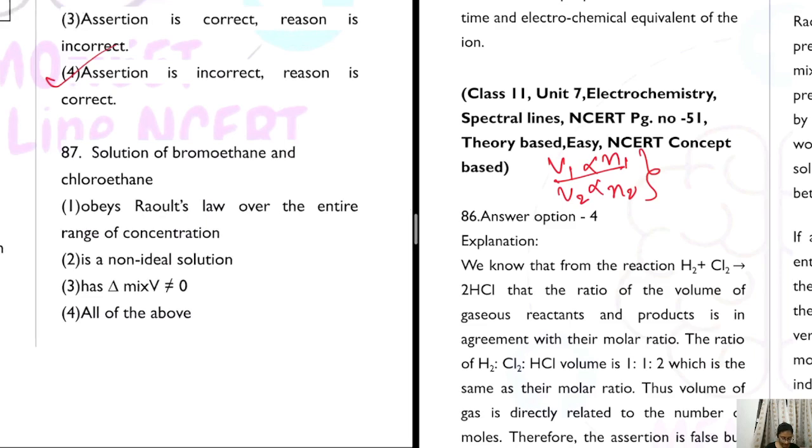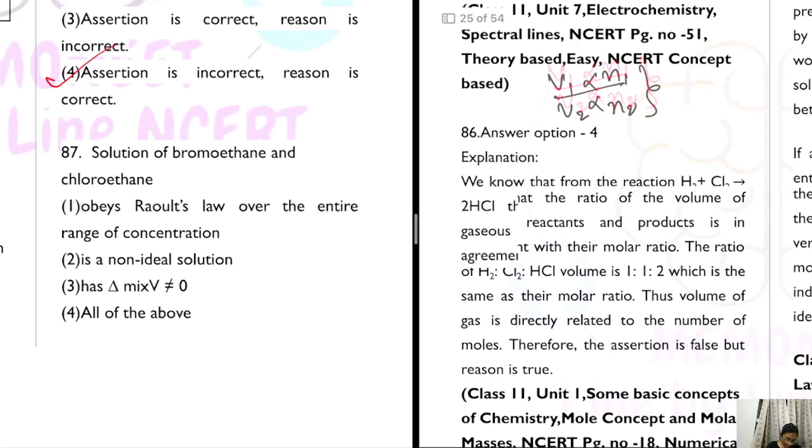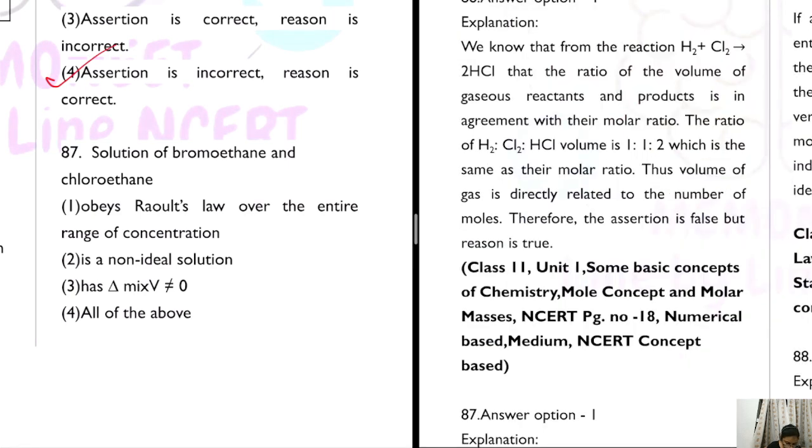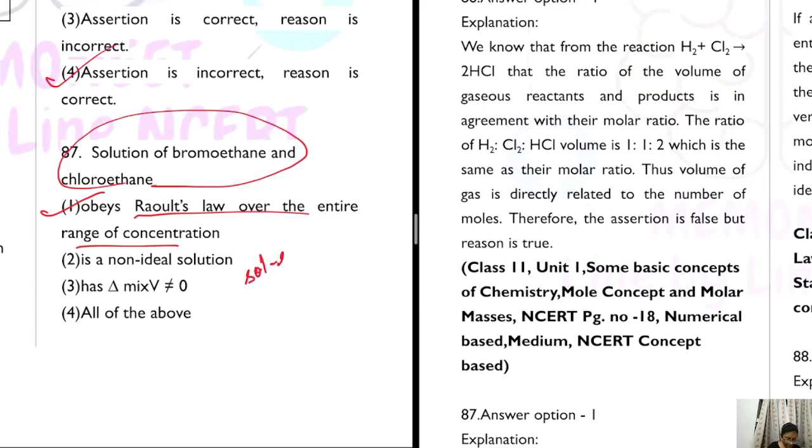Solution of bromoethane and chloroethane. See, for this, let's see the options. Obeys Raoult's law over the entire range. This is correct because this forms an ideal solution. In an ideal solution, solute-solute interaction will be equal to solute-solvent interaction.